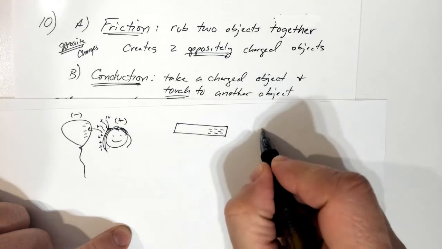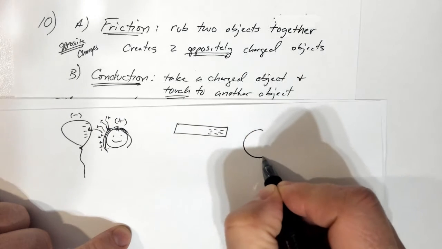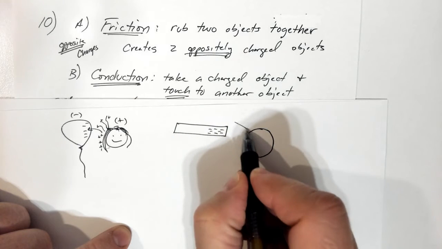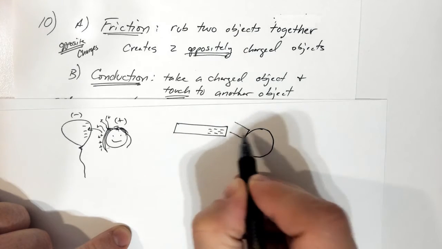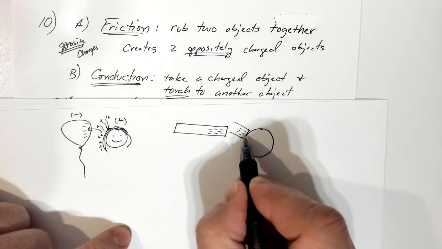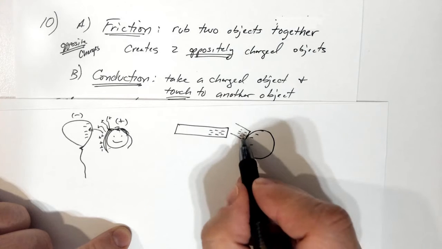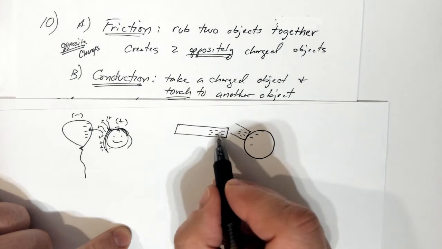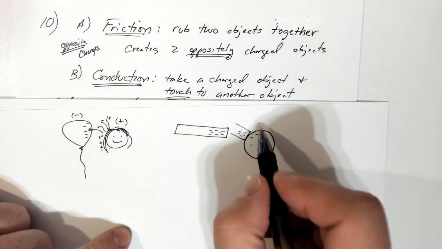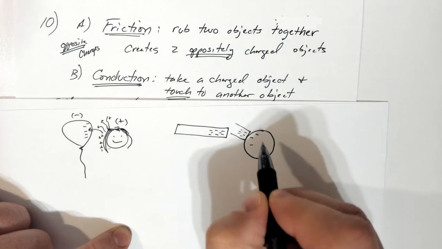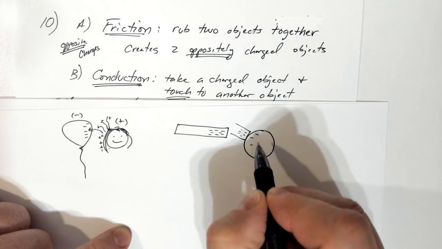So if you bring it to something that can take that charge, and you touch these two objects, what's going to happen is these repelling electrons will jump off, not all of them, but some of them, because of the pressure of repulsion, and they'll go on. So then this object will have less of a charge, and this object will also have a slight charge.